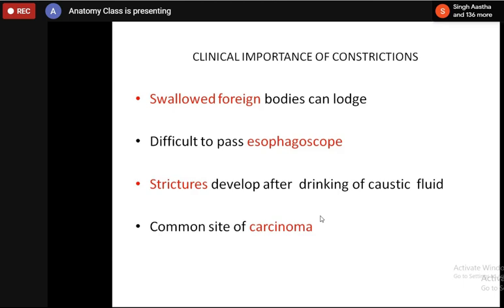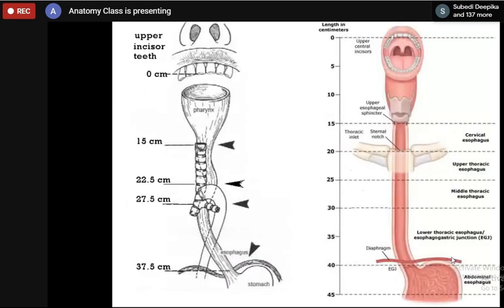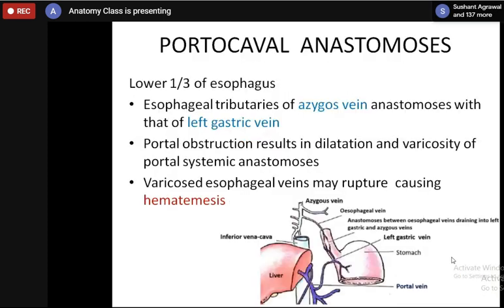Not exactly when it enters the stomach, when it pierces the diaphragm. Okay, when it pierces the diaphragm. And what about the measurements? It is 6 inch, 9 inch, 11 and 15 inch from the upper incisor teeth. Okay, so these are about the sites.